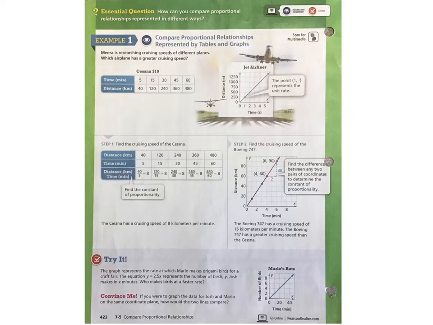Looking at the data from the table in the Cessna 310 and going to step 1 in the solution process, you can see that the distance divided by time, or kilometers divided by minutes, is always 8. That is a proportional relationship.